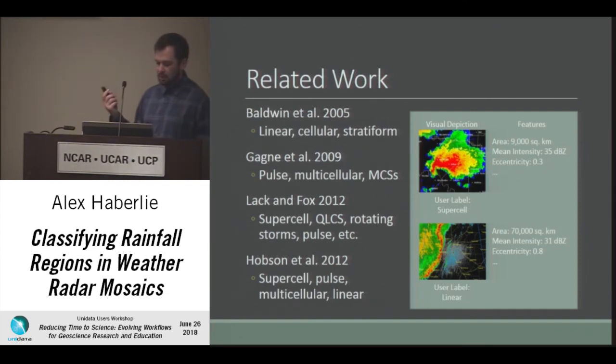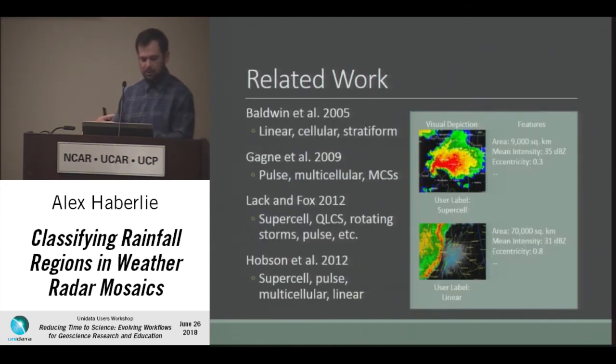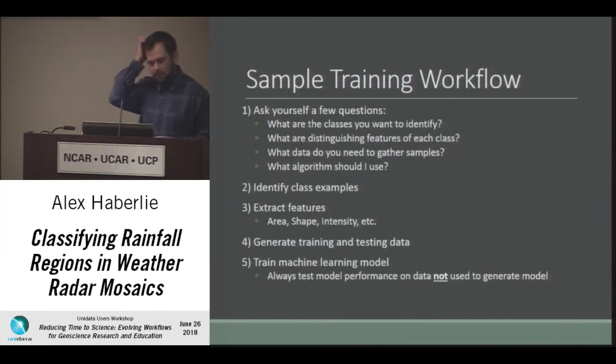In this case, maybe the supercell has a 9,000 square kilometer area and a mean intensity of 35, etc., whereas the linear convective system has an area of 70,000 and a mean intensity of 31 dBz, and so on and so forth. These studies looked at different types of convection and were pretty successful at classifying them. But I will say that no one has looked specifically at MCS versus the others, like tropical systems and that sort of thing.